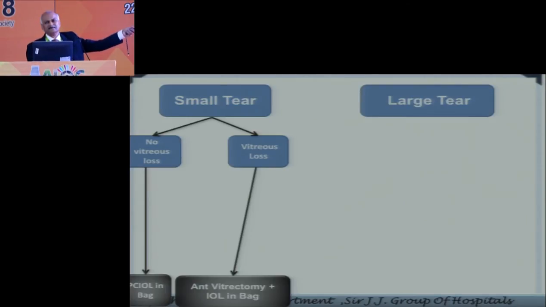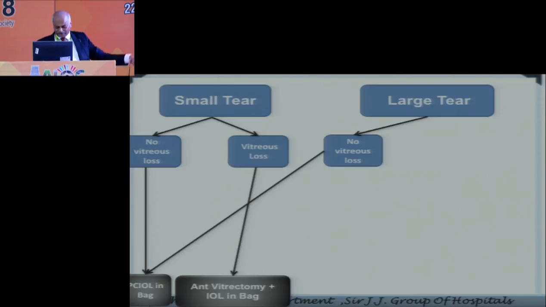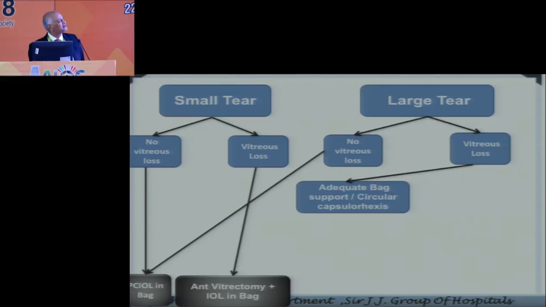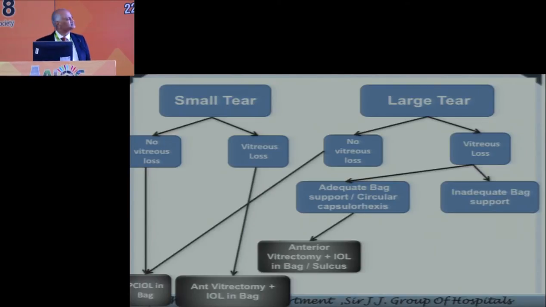If there is a vitreous loss, then you see whether there is adequate back support, or whether a circular capsulorhexis is there or not. And then anterior vitrectomy, IOL in the back or sulcus, according to the support available in that case.